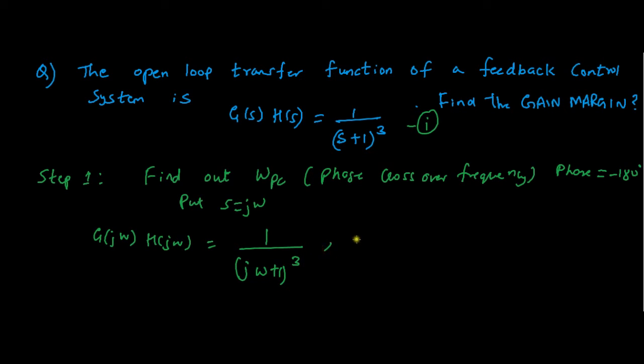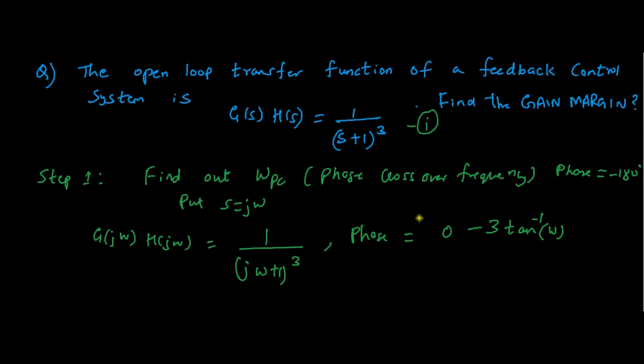So the phase of g of j omega into h of j omega will be equal to the phase of the numerator, which is 0, and the phase of (j omega plus 1) whole cube, which is minus 3 tan inverse of omega.